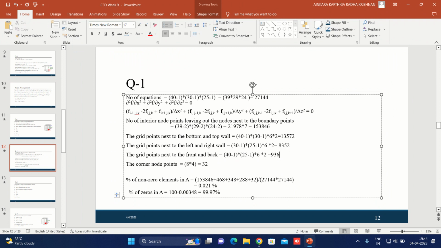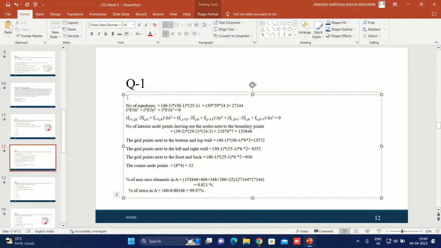Forty into 30 into 25 is 30,000. Total grid points is equal to 30,000.